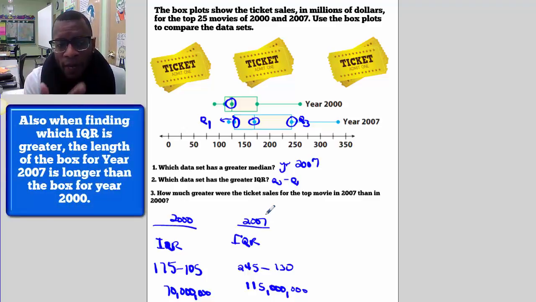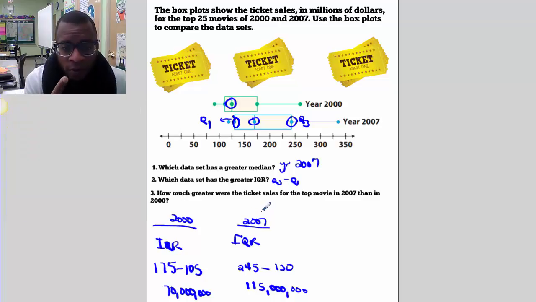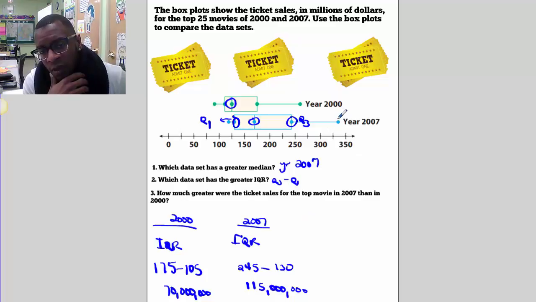Okay, and lastly, what we want to find out is how much greater were the ticket sales for the top movie in 2007 than in 2000. When they say the top movie, that means we want our maximum value. And remember that the maximum value is the furthermost right point on your box and whisker plot.